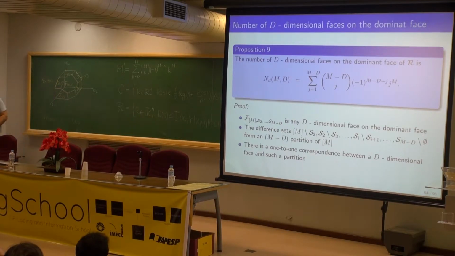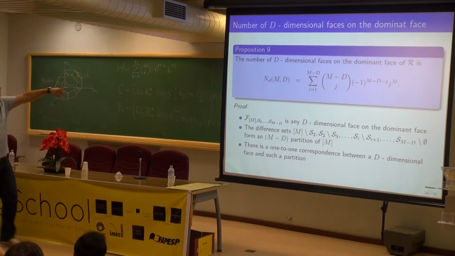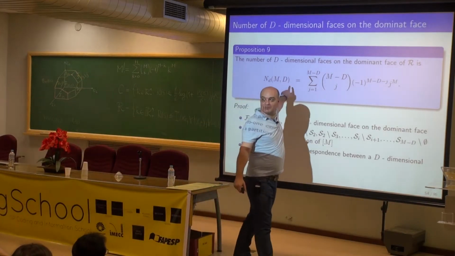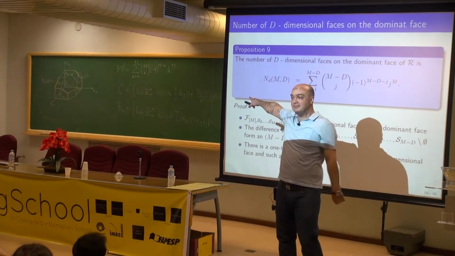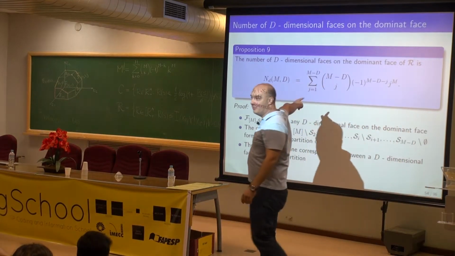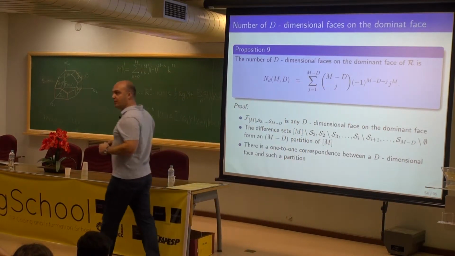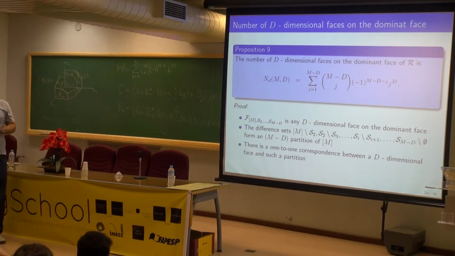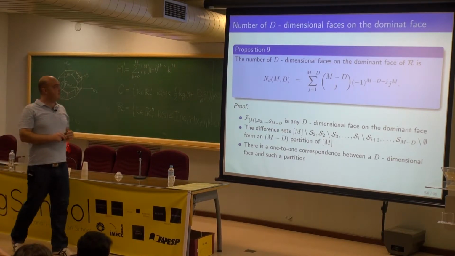Well, you are choosing a function. Okay, that's good. So if you set d to 0 here, you will get that equation, and that will give you m factorial, which is the number of vertices on the dominant face. How do we prove this?